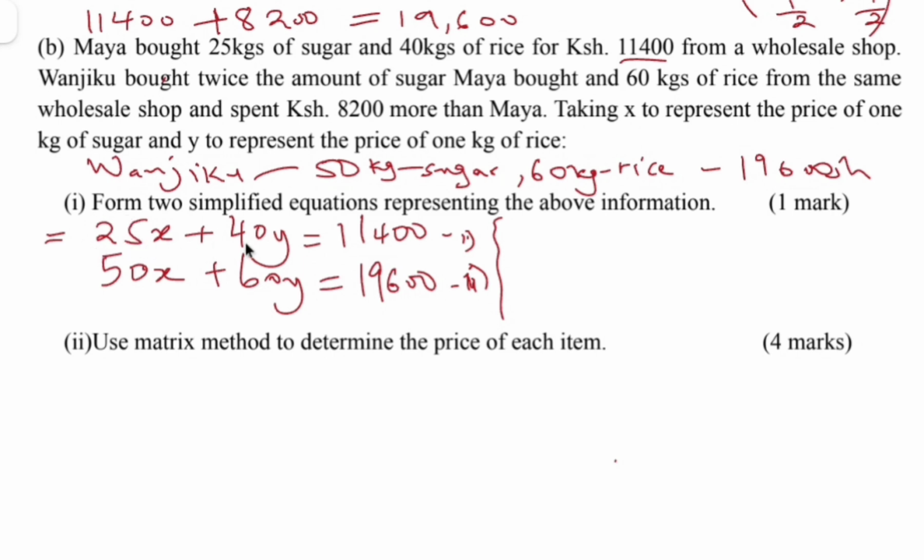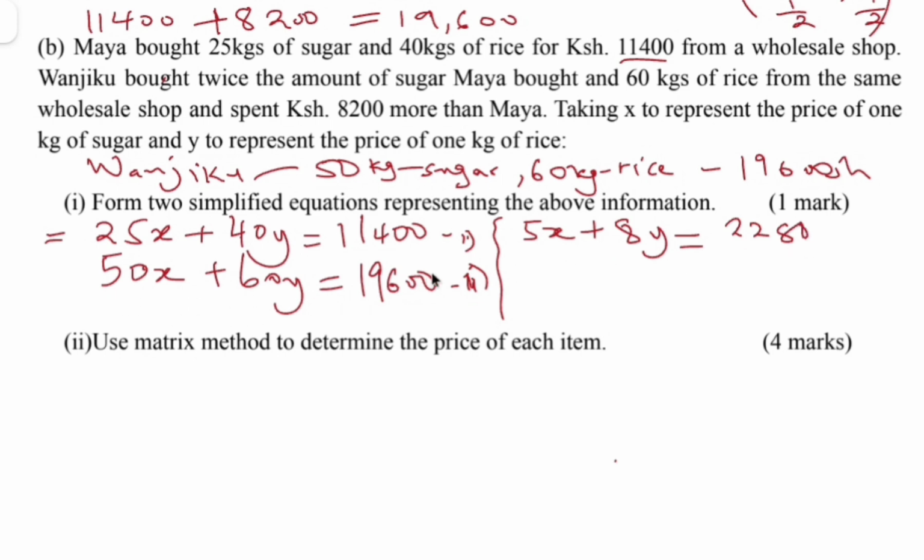So ukiona first equation, the number that can be divided on all sides ni 5. So 25 divided by 5 ni 5x, 40 divided by 5 ni 8y, na 11,400 divided by 5 itakupa 2,280 shillings.